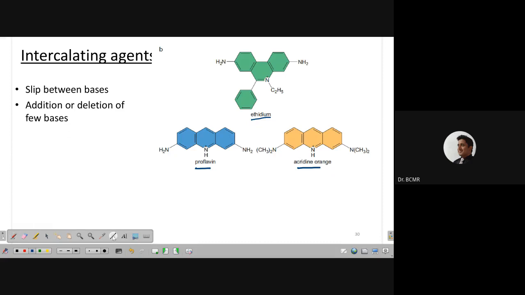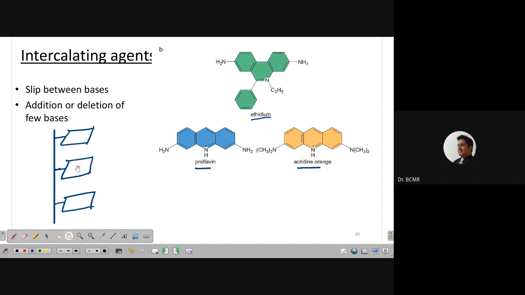Say, for example, I will try to draw a structure, and I hope you can remember what is meant by base stacking, right? Let me try again. Base stacking is, I'm drawing them as squares or rectangles. These are nitrogenous bases on the DNA, and you can see that they are arranged in spaces like this.